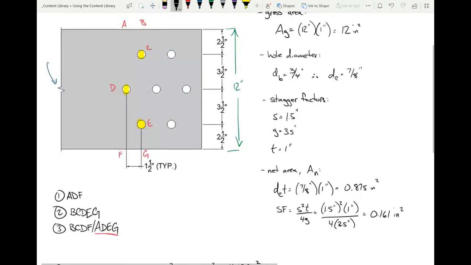So all right, somebody else. Now let's talk about the second failure path, the BCDEG. Somebody help me out. How would you compute the net area of that? What would you do? So you take the gross area. What do you do?